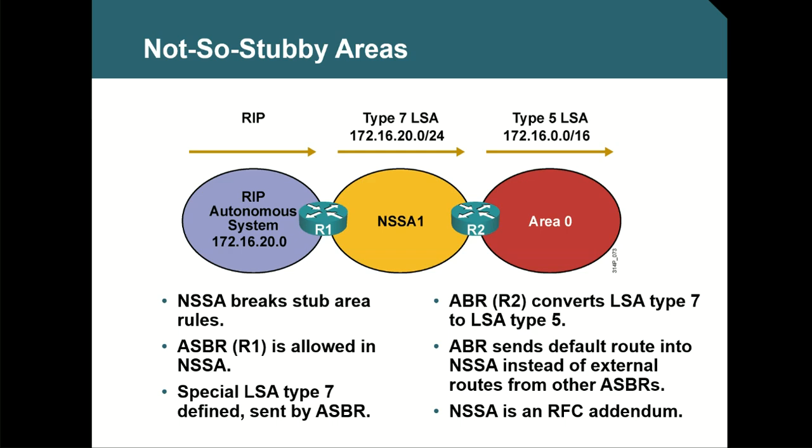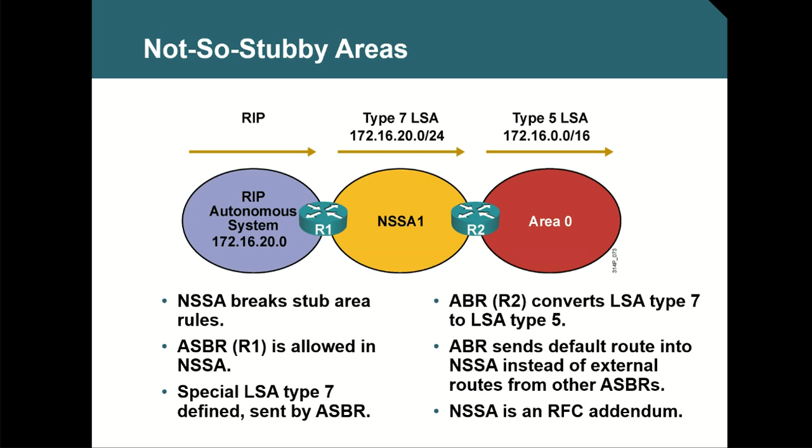Actually, the ASBR in the not so stubby area will convert the type 5 into type 7. Right? So the type 7 is more than enough to bring the external network, but the other ASBR's route won't come in.